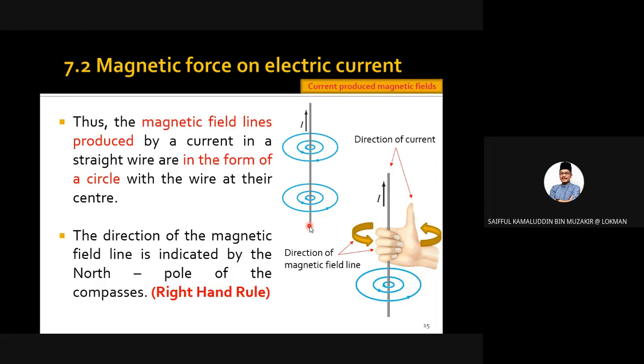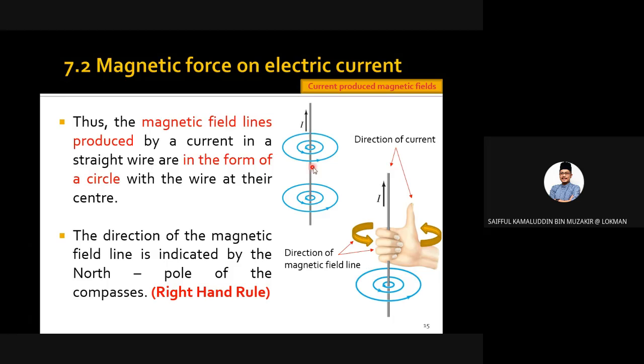If the current is moving that way, it will generate a magnetic field. And this magnetic field will deflect the direction of a compass. The direction of a compass will align with the magnetic field generated by the current carrying wire.